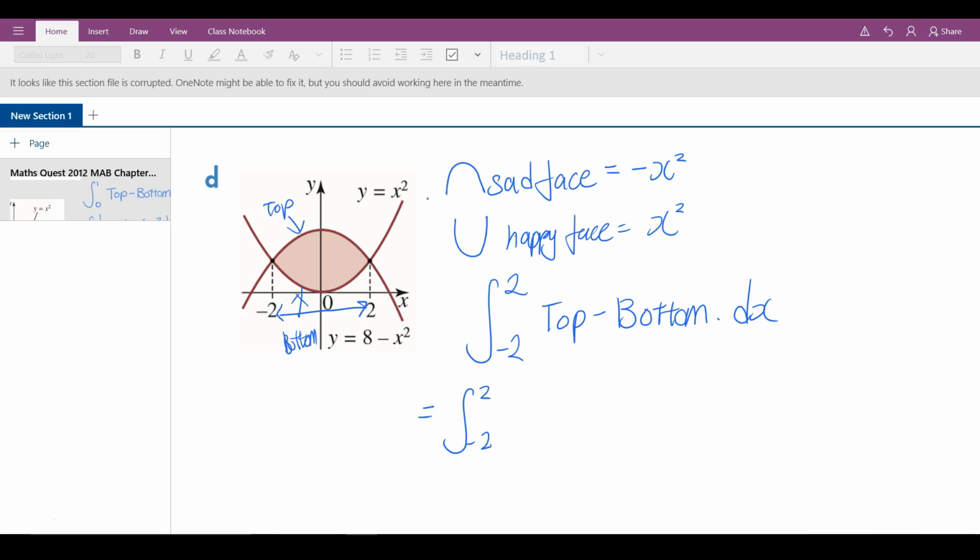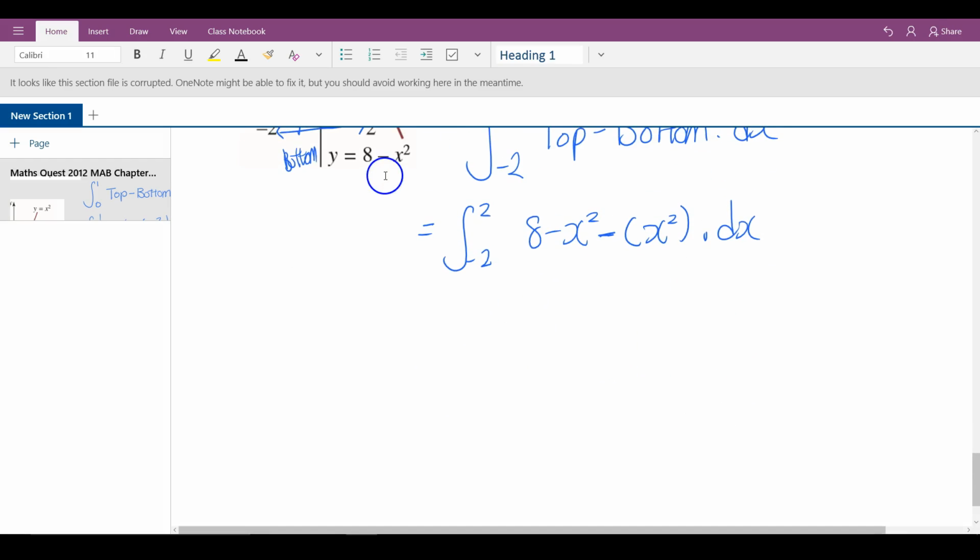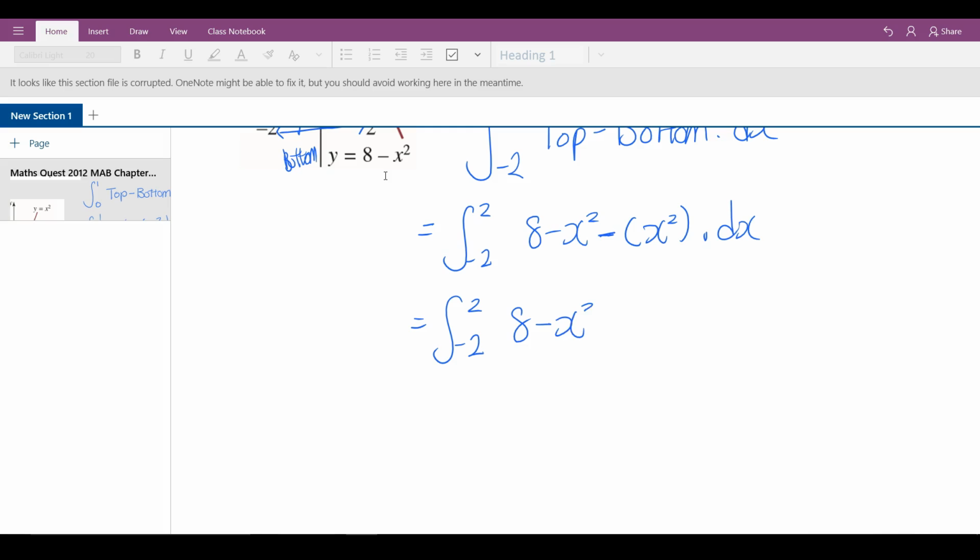So it's the sad face, which would be 4 minus x squared, minus the happy face, which is x squared. Is equal to 4 minus x squared minus x squared. Oh, something amazing just happened. Alright, so we've got 4 minus x squared minus x squared. So there's two lots of minus x squared, so we can just treat it like that.